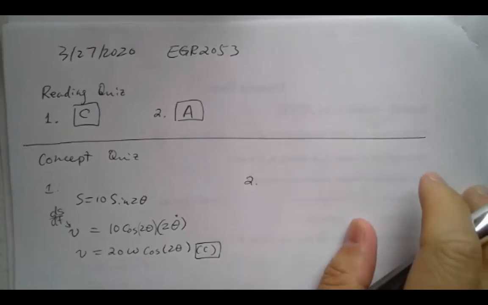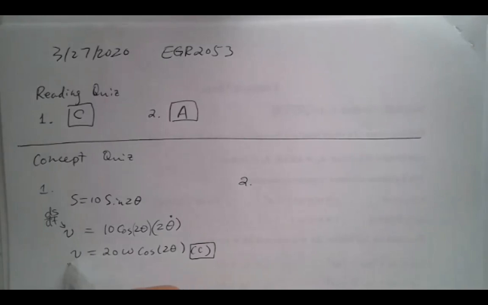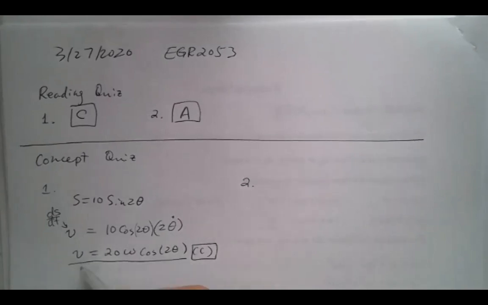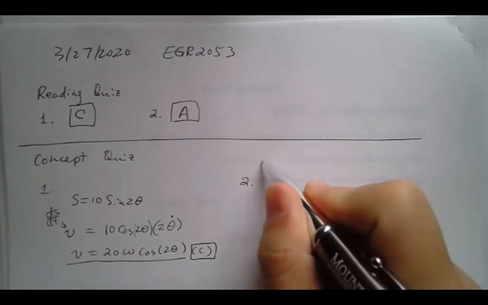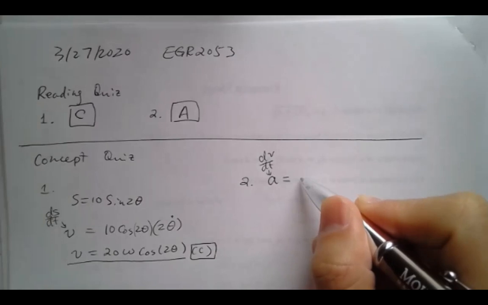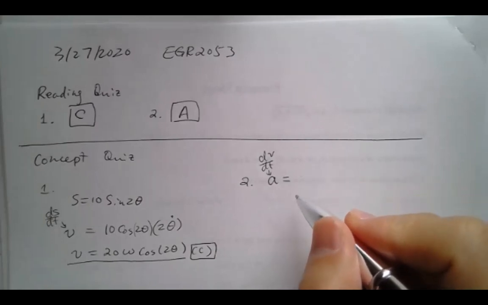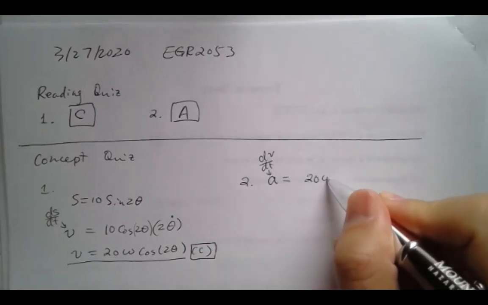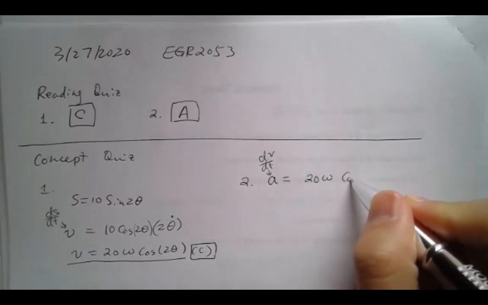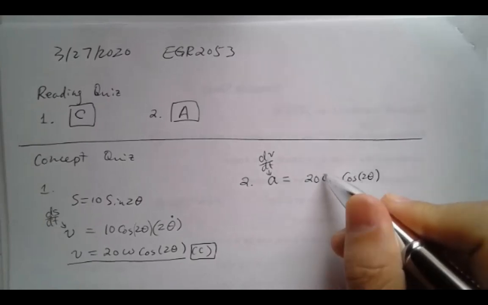On the second one, you're looking for the acceleration, so you just do the time derivative to this equation. On the left hand side, the time derivative gives you acceleration, dv over dt. On the right hand side, 20 omega is a variable, and cosine of 2 theta is also a variable, so you break this into two.